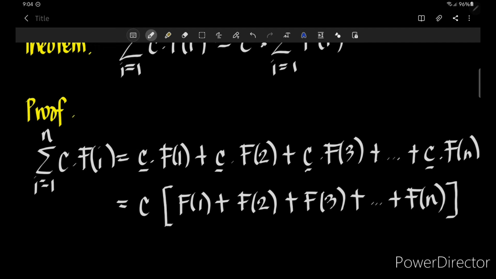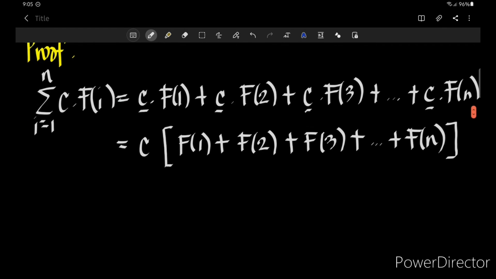Okay, so finactor out lang natin si C. Okay, now, this is now equal to C. Yung nasa loob ng ating bracket, okay, ay pwede nating sabihin siya yung sigma of f of I, where I ranging from 1 to n. And this proves our second theorem.